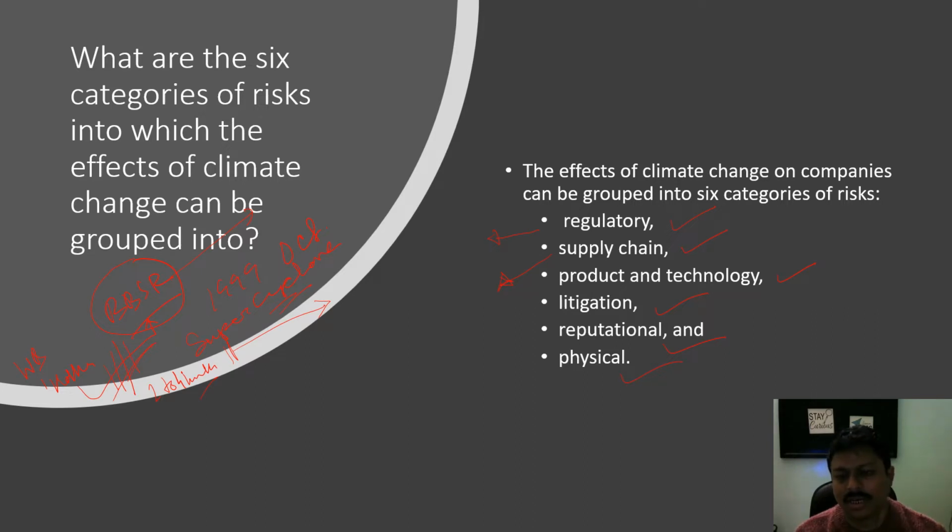Then come product and technology. According to the climate change impacts, various innovations take place. Various precautionary products are invented or innovated. So product and technology innovation also takes place due to climatic hazards. One such example is that during the Maharashtra flood, some students developed a floating house.